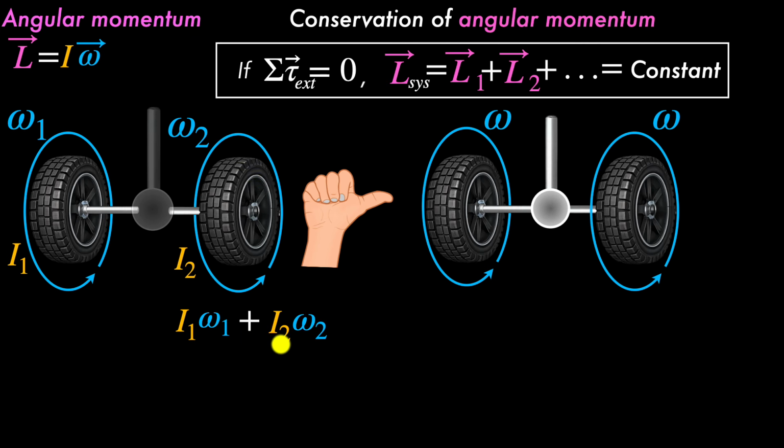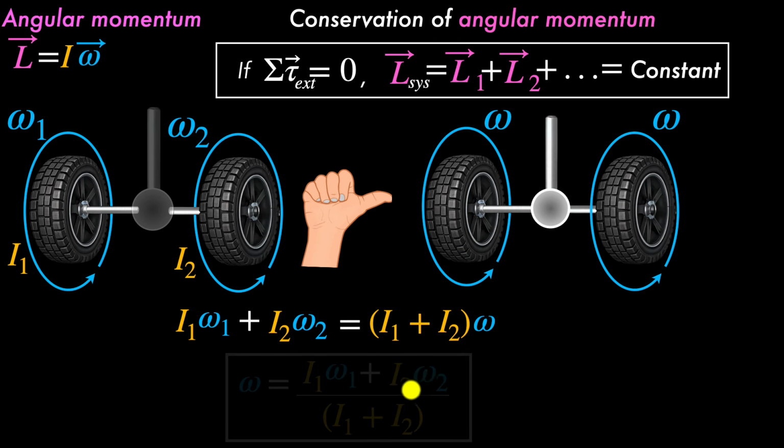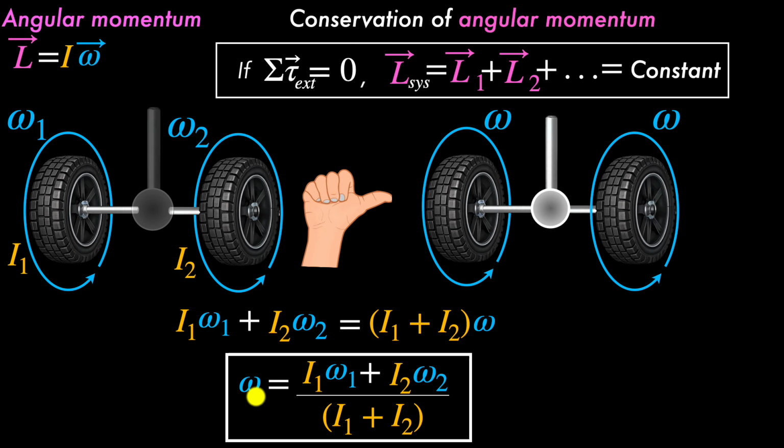So plus I2 omega 2. That should equal the total final angular momentum. And the total final angular momentum would be just I1 plus I2 times omega. And boom, from this, I can calculate what omega should be. Of course, you could say that, hey, the two wheels are identical, so I1 should be equal to I2. And we can further simplify this, but you get the point.